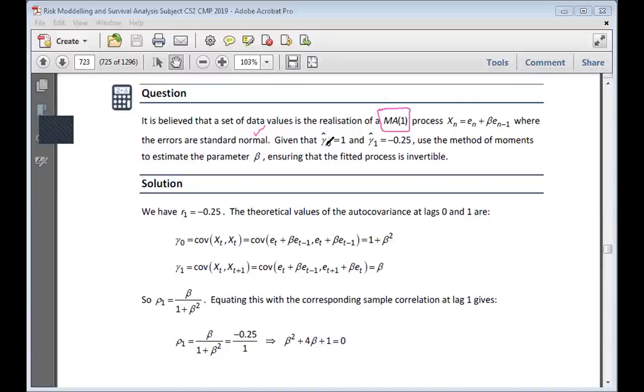And then they have given us these sample values for the ACFs. So ACF for lag 0 we know is going to be 1, and for lag 1, we have minus 0.25. And we are asked to estimate the parameter beta, ensuring that this is invertible.